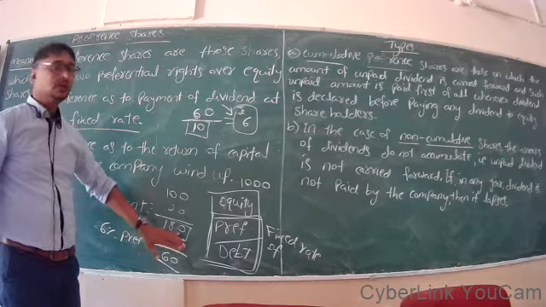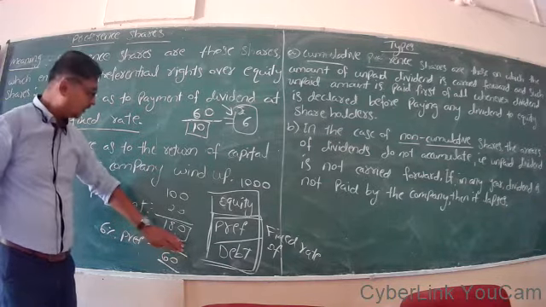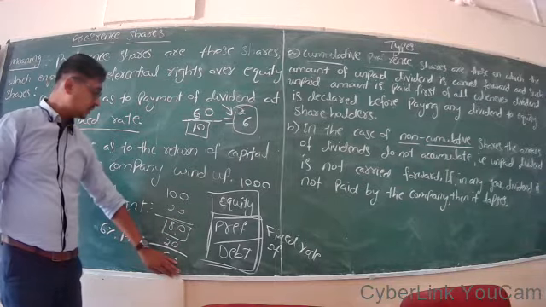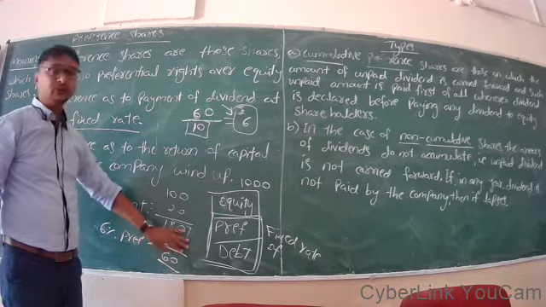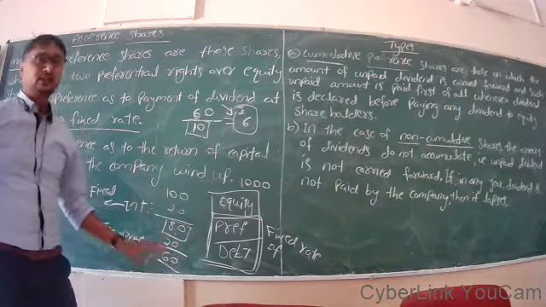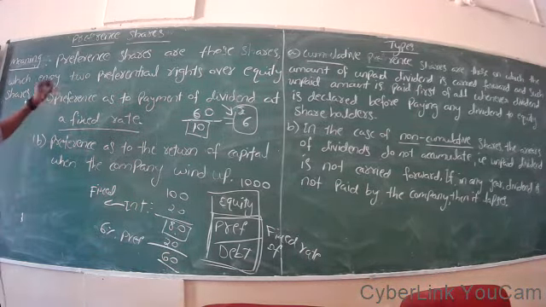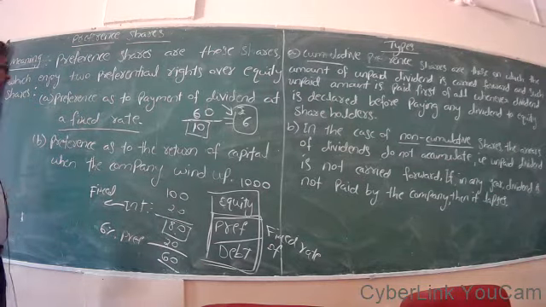These shareholders have a preferential right over equity shareholders, because equity shareholders get their dividend only after the dividend is paid to preference shareholders. This is one feature, or advantage, of preference shares.